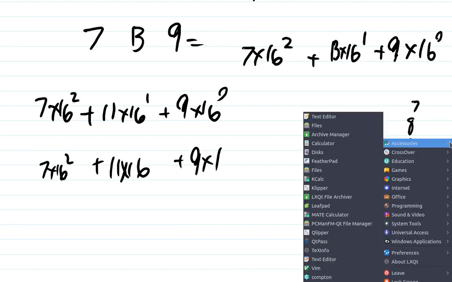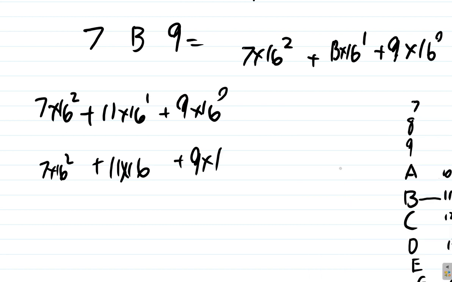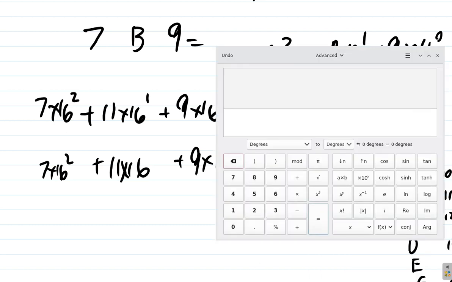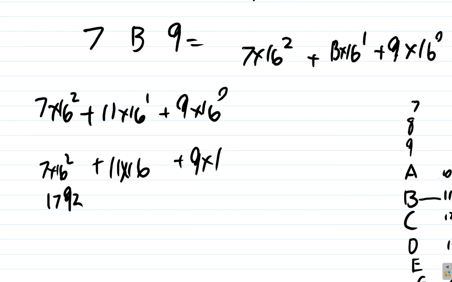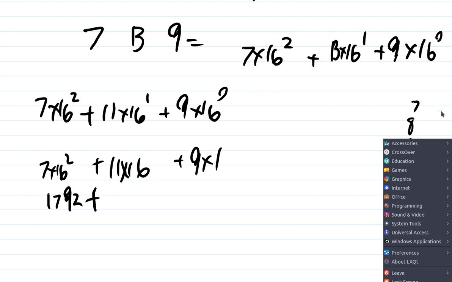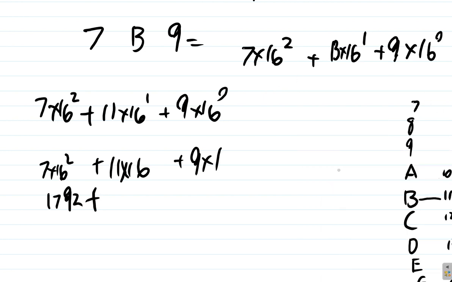Let us get our calculator here. So 7 by 16 squared equals 1792. So we have 1792 plus, and then 11 by 16.